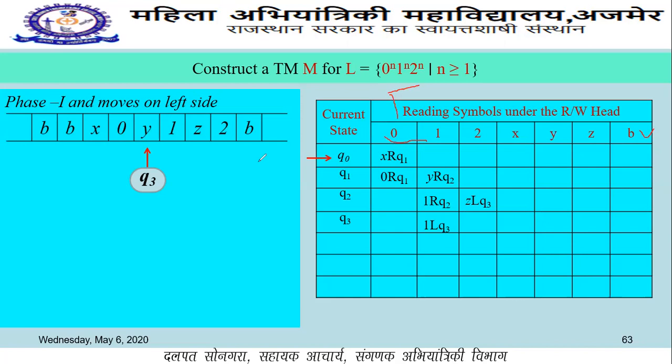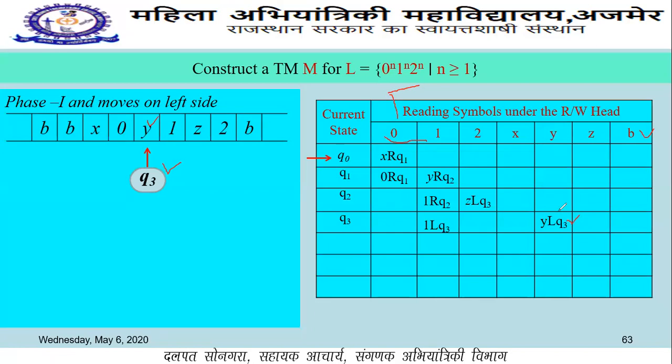Here, when we read y at q3, of course, for this y we just pass it and take a left turn, according to the logic. For that we first have to write a transition function. We write a transition function for q3 like this: whenever we are at state q3 and we are reading y, then y is just passed, and we take a left turn without changing the state q3.